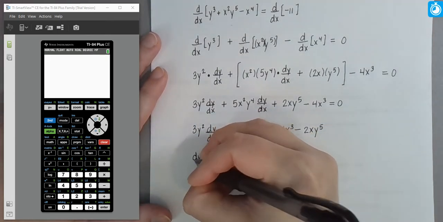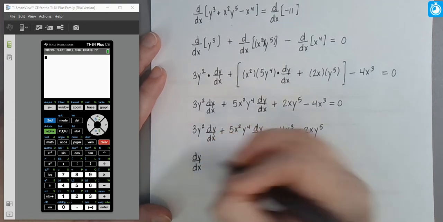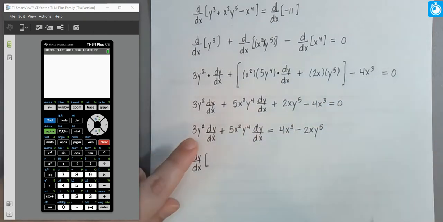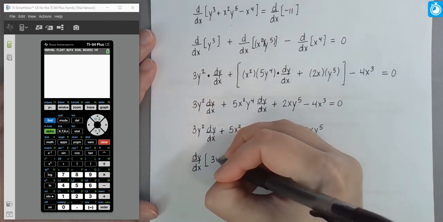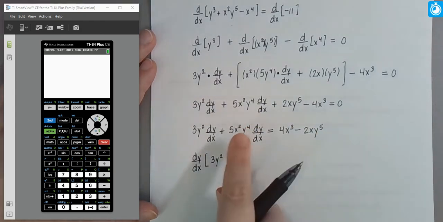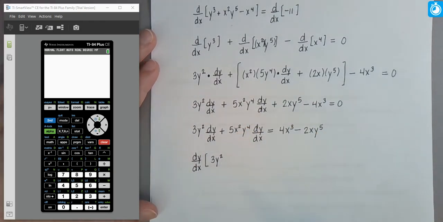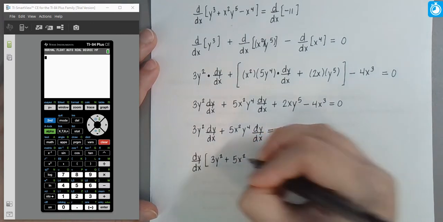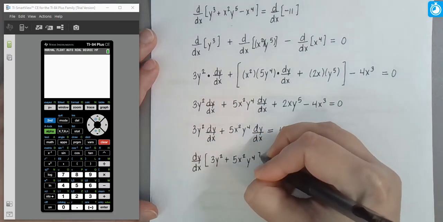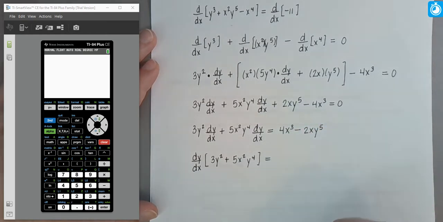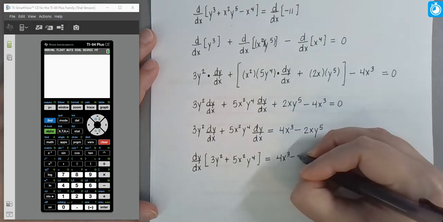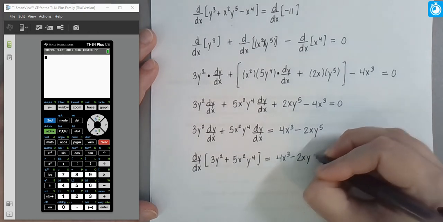So I'm going to factor it out from both of those terms, and then I'm going to write what I'm left with. So from the first term, we're left with 3y squared. And then from the second term, plus 5 times x squared times y to the fourth power. And all of that is equal to 4x cubed minus 2x y to the fifth.